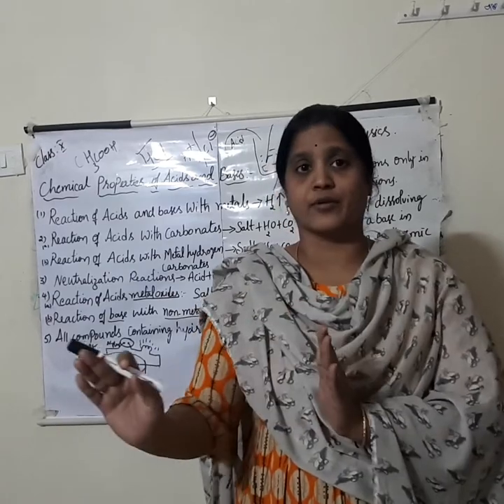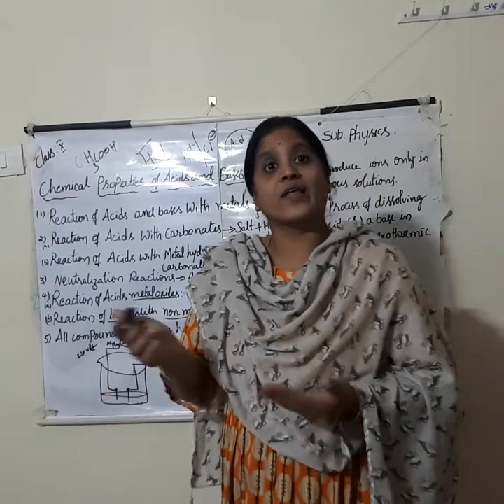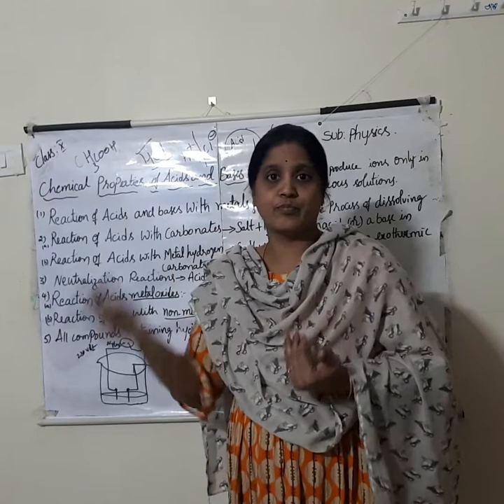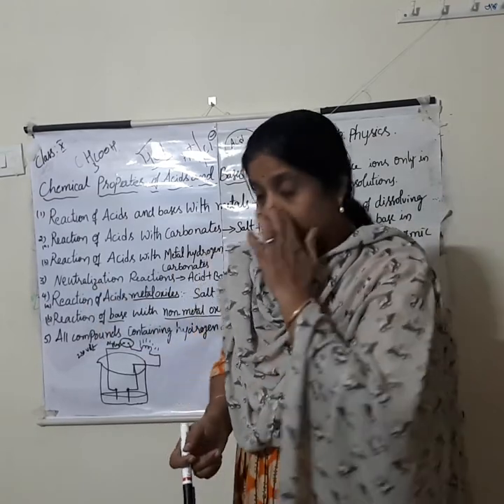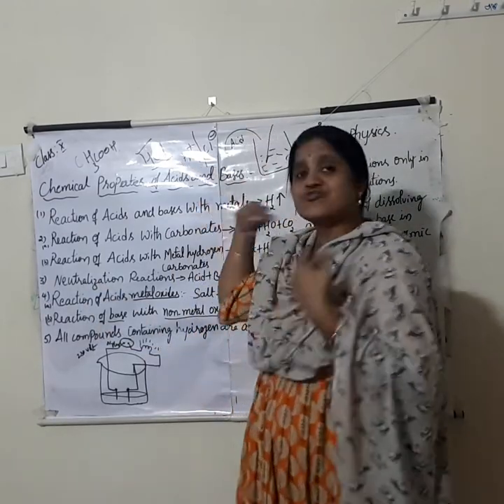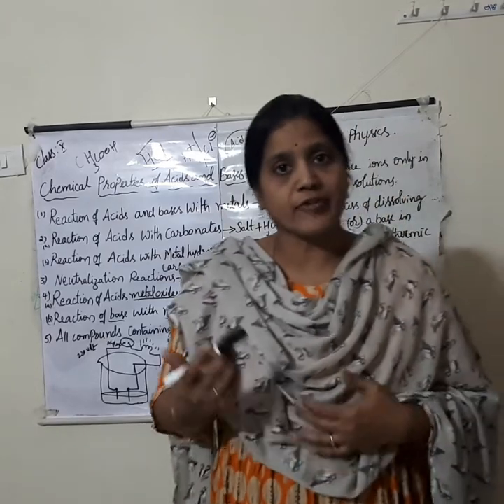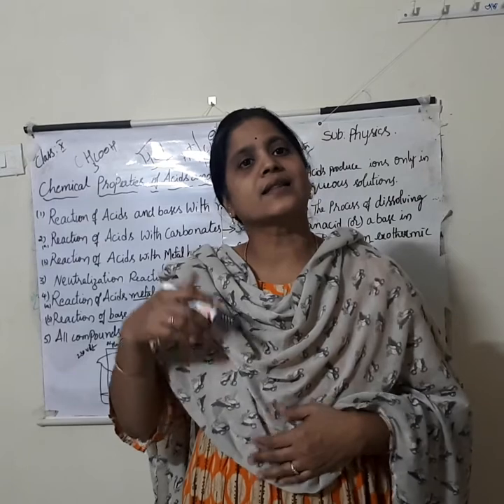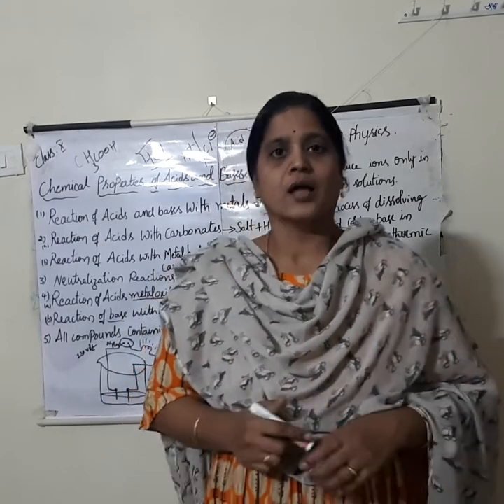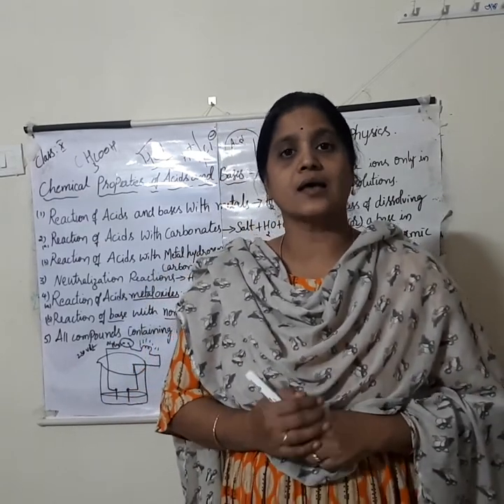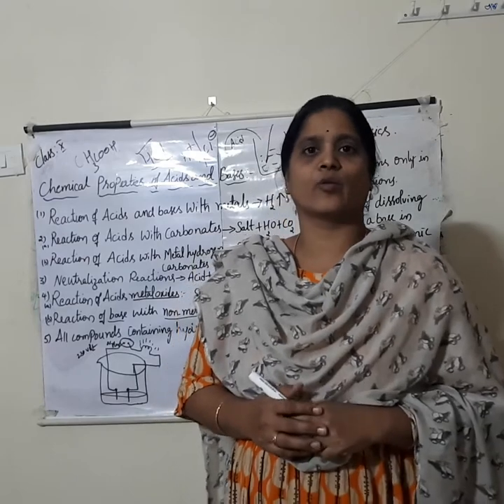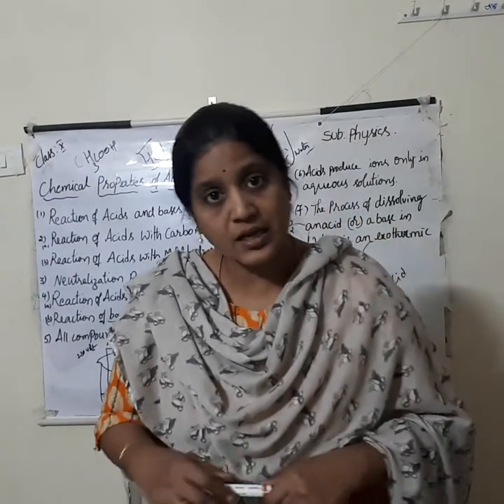But you cannot find out whether it is strong or weak. But we can find out the strength of an acid by using another type of indicator we have. That indicator is called universal indicator.